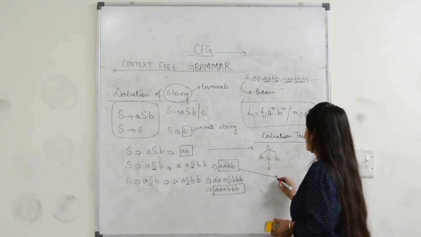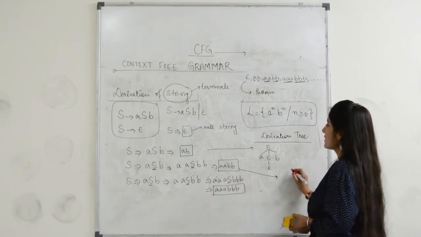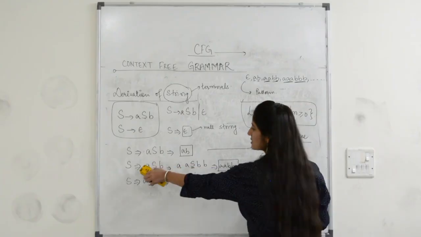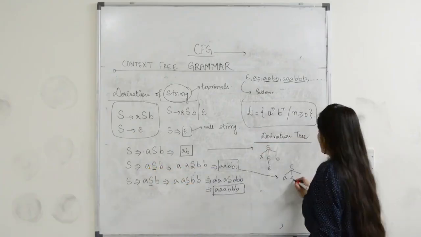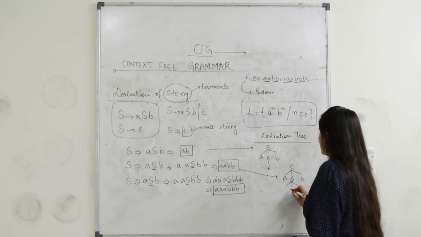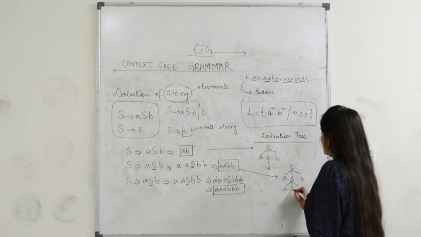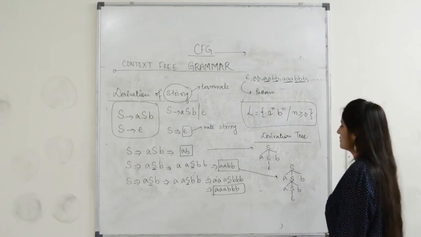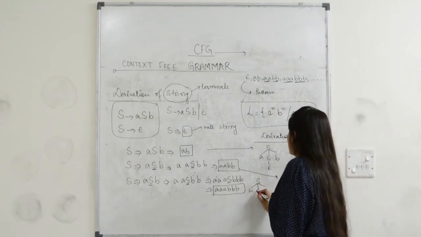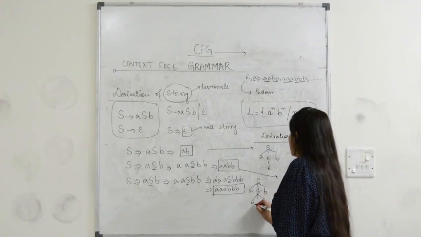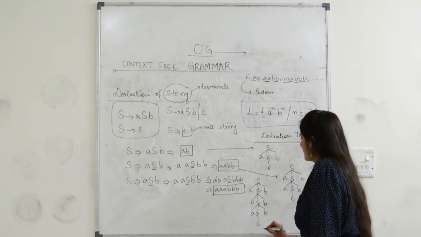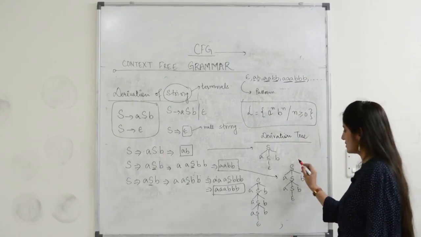Then the derivation tree for this particular string: the first production is giving rise to ASB, then ASB. At the place of S we have put ASB, and at the place of S we have put epsilon. The third production is this. So this is the given derivation tree.